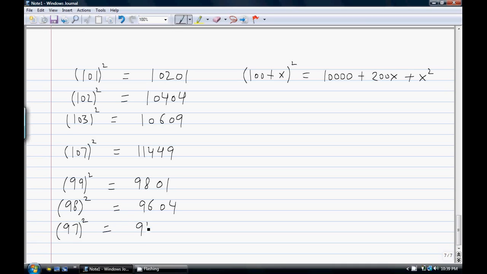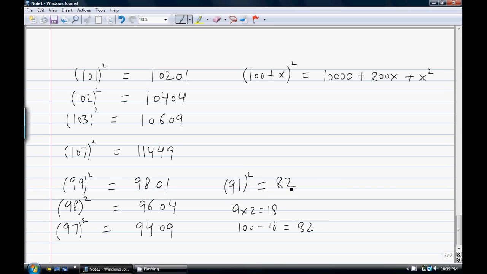3 2s are 6, so 94, and 09. So I can go until 91. So 91 squared is equal to, 9 times 2 is equal to 18, and 100 minus 18 is equal to 82.